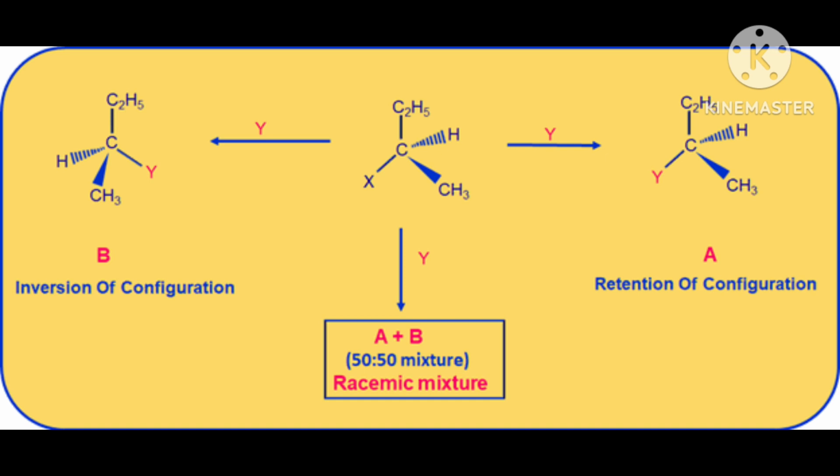Now consider as an example the reaction that takes place when (-)-2... Minus means here what? Levo. Plus means dextro, minus means levo. That refers to the light effect; here you are telling the optical property. Minus means levo and plus means dextro.